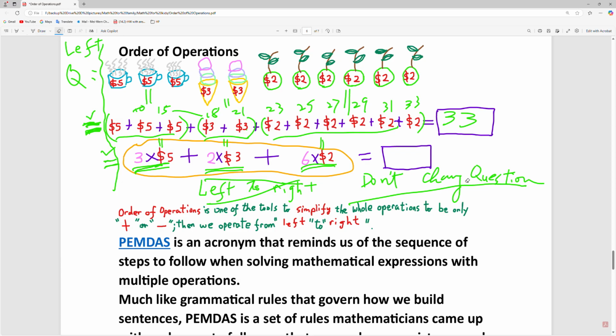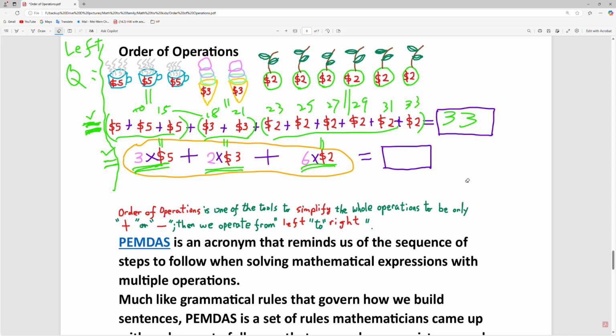So let me erase some extra symbols here. Okay. So very important, the equal sign can make sure you don't change the question. And next, I want to show you some important concepts.